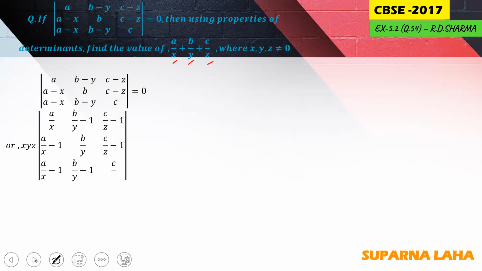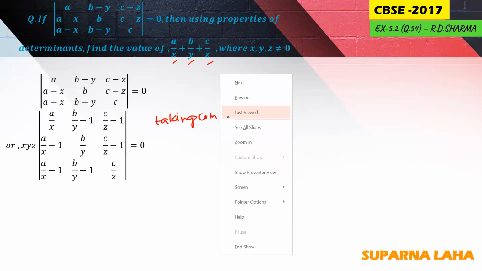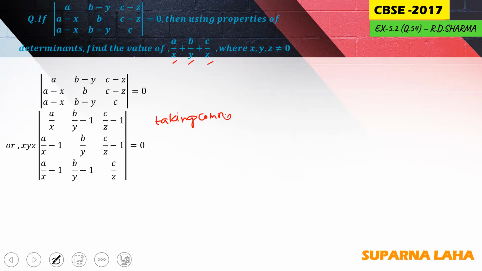So taking common x from C1, y from C2 and z from C3.